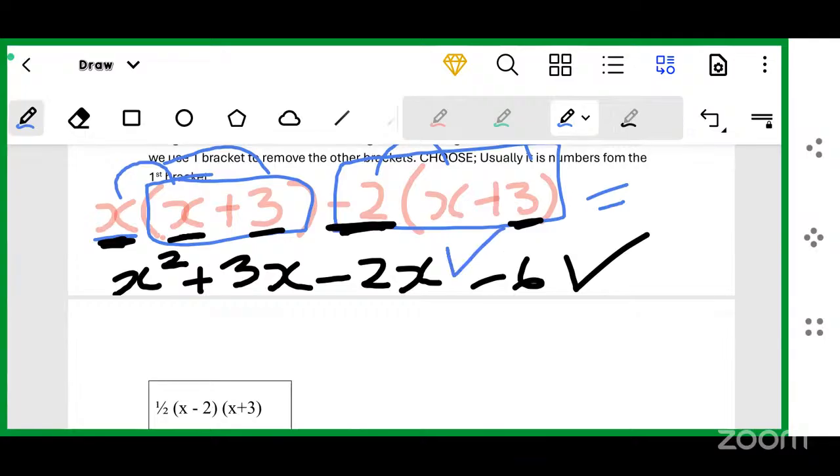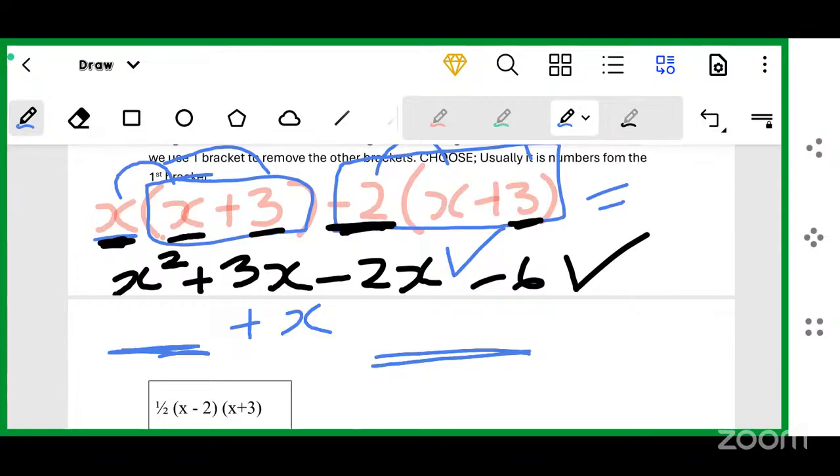Very, very good. So what is going to be your answer when you say 3x minus 2x? 1x. Which sign? Positive or negative? Positive x. What do we have on the left hand and what do we have on the right hand?